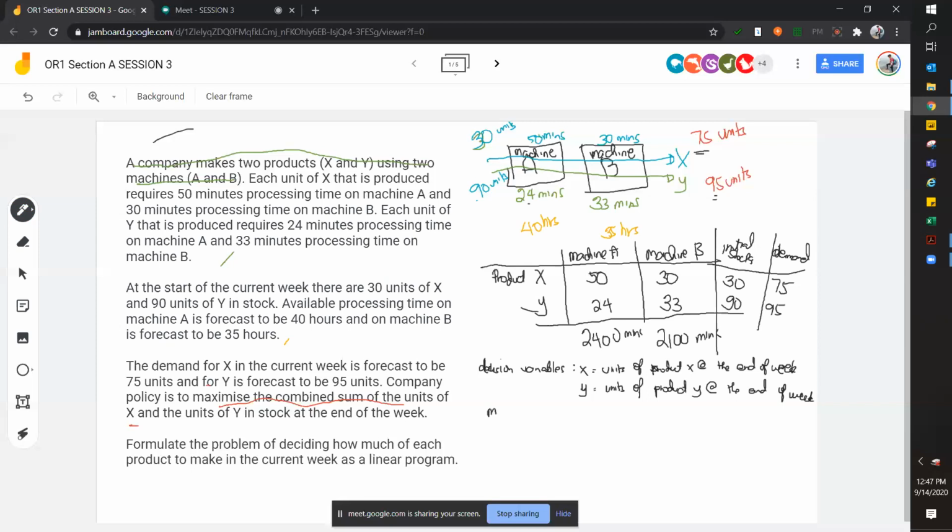Ngayon, ano ang ating magiging objective? Maximize Z, the sum of the units, so simply X plus Y. Agree? Kasi ang gusto natin, stock at the end of the week, which is X and Y. Malinaw po ba? Questions?